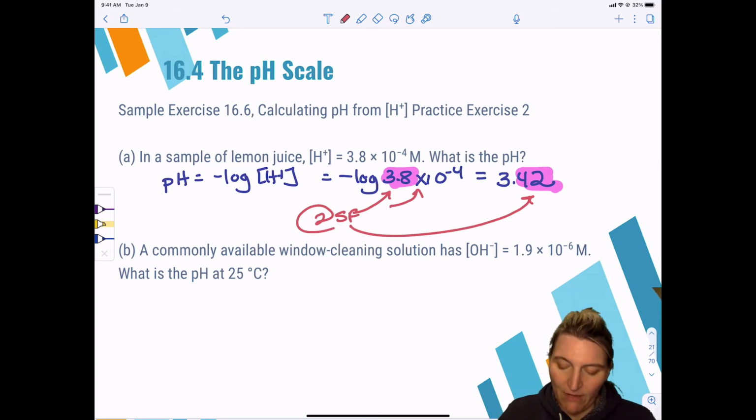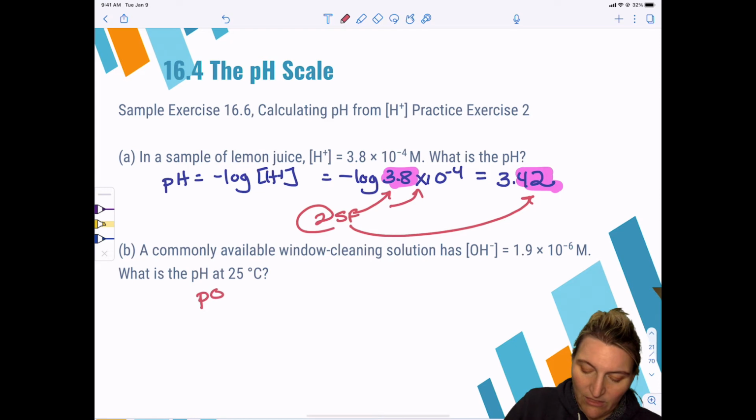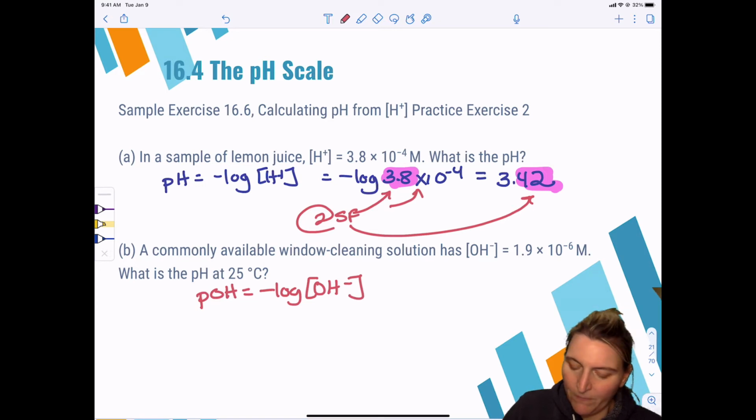A commonly available window cleaner, I think this is Windex, has an OH minus of 1.9 times 10 to the negative 6. What is the pH? There are many different ways to do this, but we have those two formulas. In my opinion, the easiest way is to first find the pOH, the negative log of the OH minus concentration.